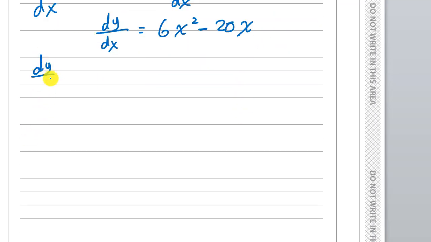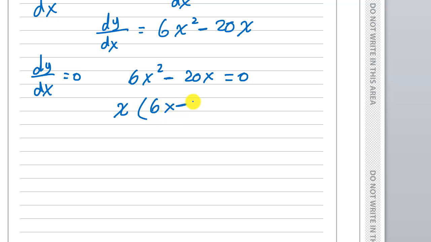Now dy by dx equal to 0. So 6x squared minus 20x equal to 0. Take x as a common factor: x(6x minus 20) equal to 0.